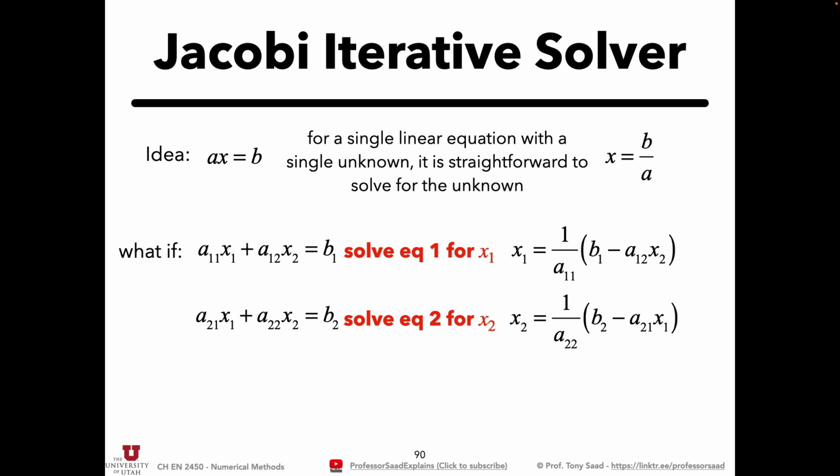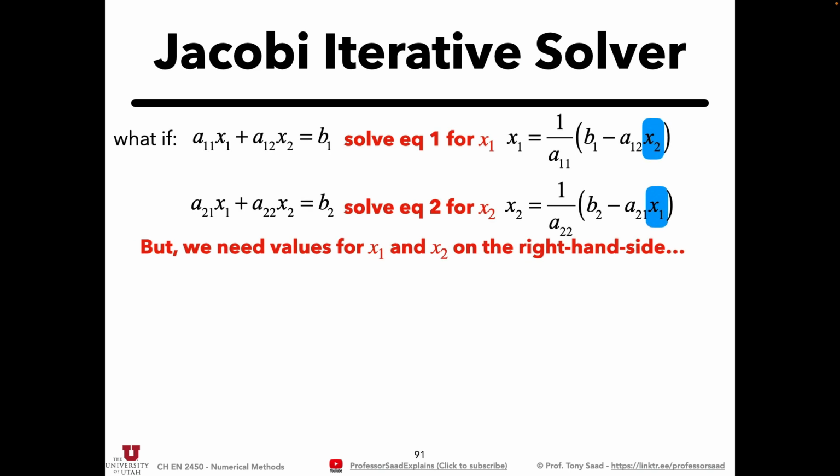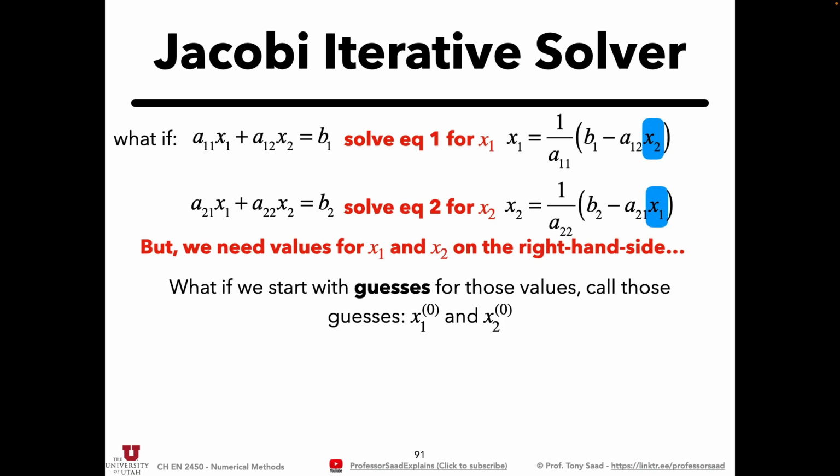Here, I'm doing numerical methods and approximation theory. So yes, indeed, we need values for x2 and x1. Instead of doing this tautological discussion, suppose we use guesses for x1 and x2.